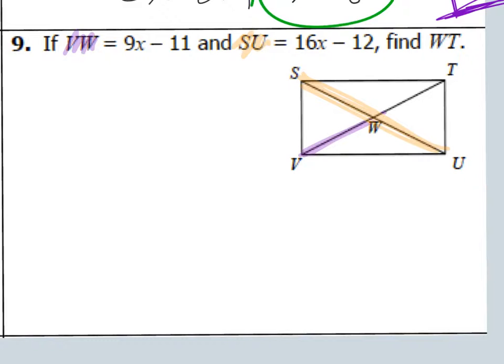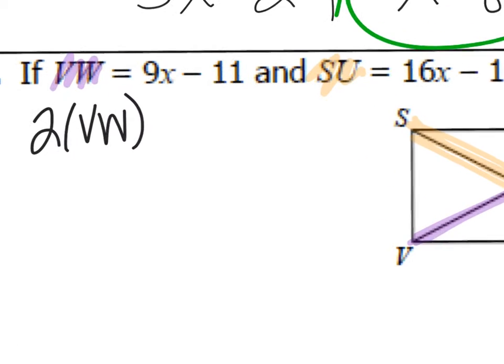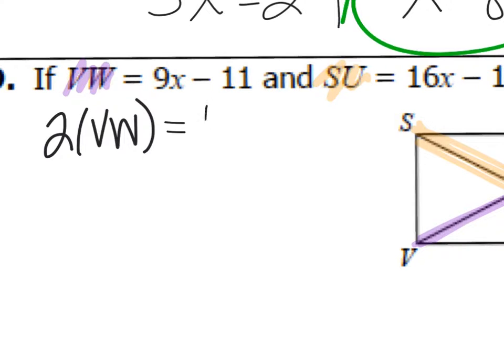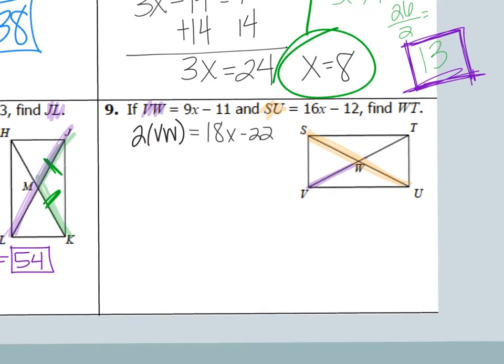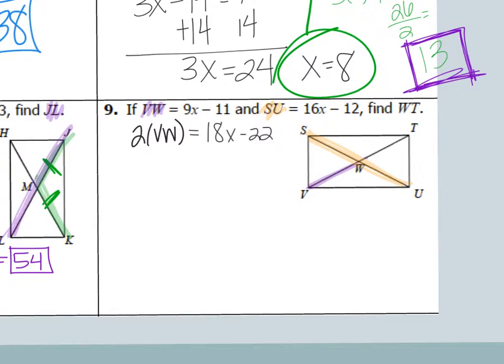We can multiply VW by 2, or we can divide SU by 2. So I think it might be easier for us to multiply VW by 2. So when I multiply VW by 2, I multiply that whole expression by 2. So I'll get 18x minus 22. So now I know the whole length of VT.